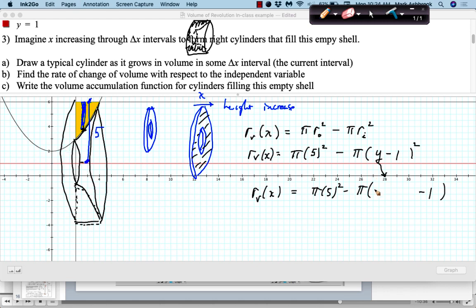Which is 1/4 x squared plus 2. That whole thing is squared. That's the radius, so that whole inner radius, the whole thing is squared. Okay, did I lose you? Does it make sense? Should we simplify that to 1/4 x squared plus 1? Yeah.